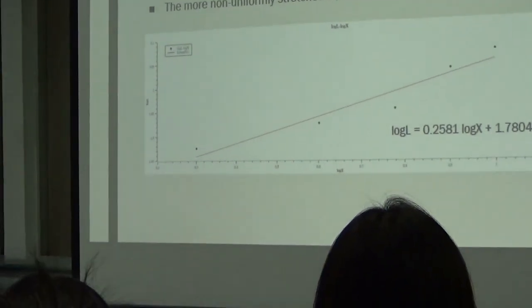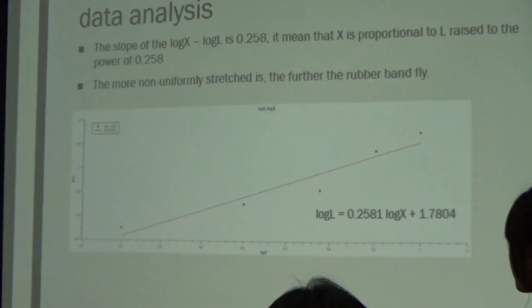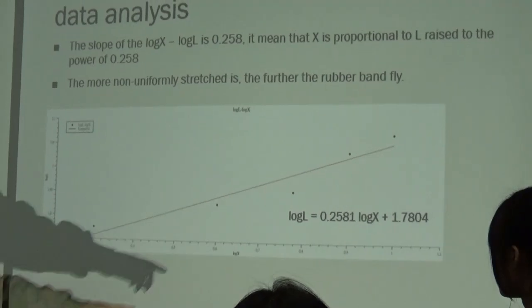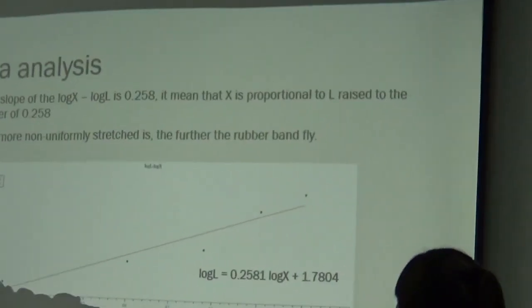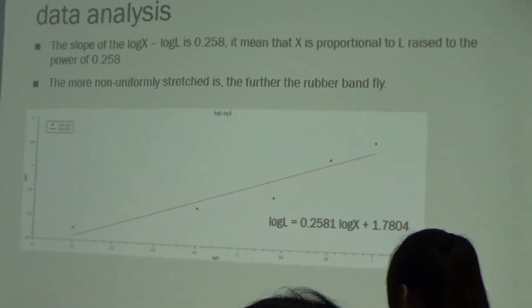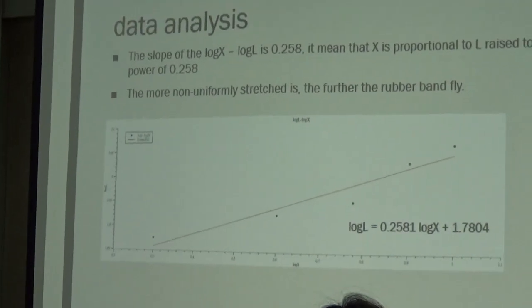Your x, the X is how long we shoot. Yeah, the distance. No, we picked wrong. This is log L and this is log X. Yeah, because it is very small, it's hard to read.